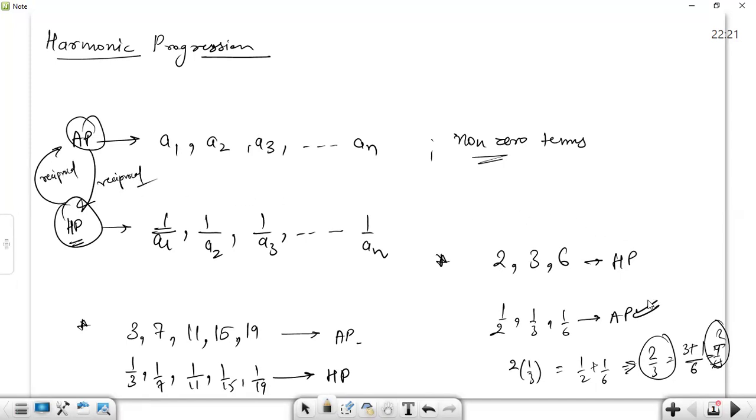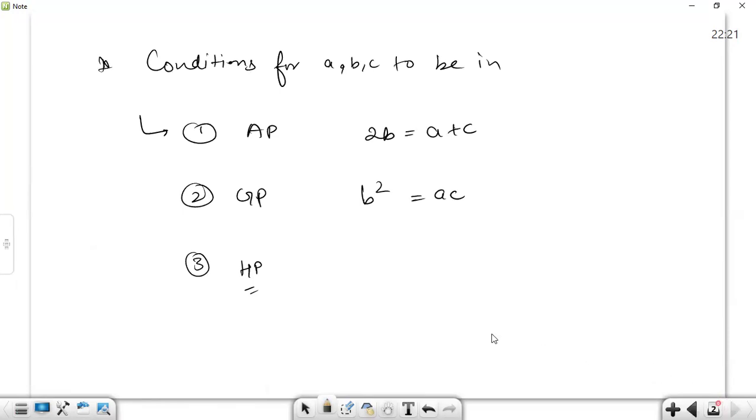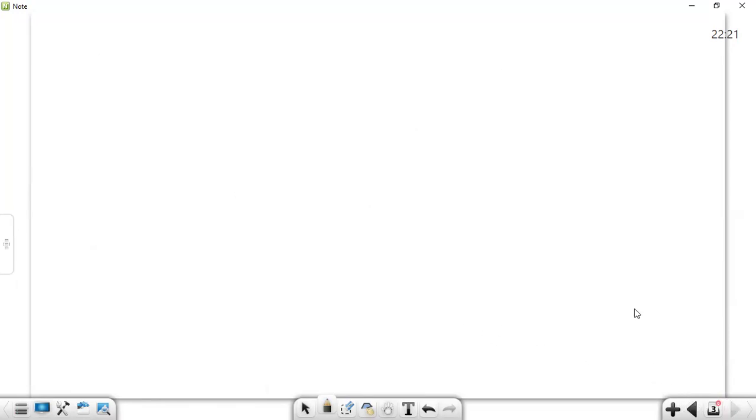Clear? Any doubts, anyone? Okay. So let's now consider that these terms are in HP.